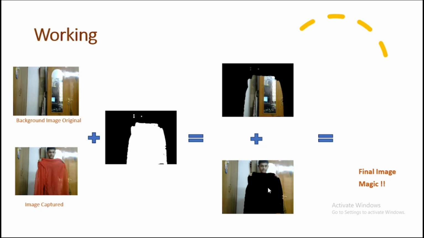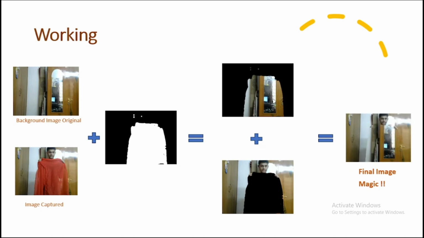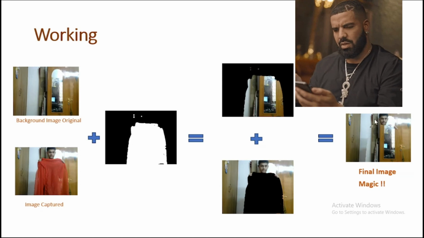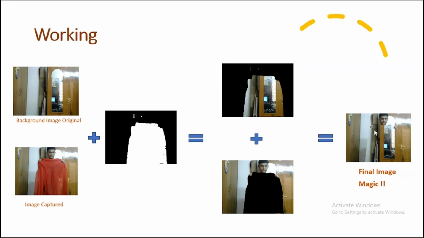You need to make sure that the regions that have the red color are black, because you don't want to see the original image of the red color, but you want it to be of the backgrounds. But other parts which are there, you don't want to interchange them because they are not required. And then now we are going to do the real magic. We are going to add these two images and combine them to make a final image, and here you have your magic. So this is how we are going to do it.